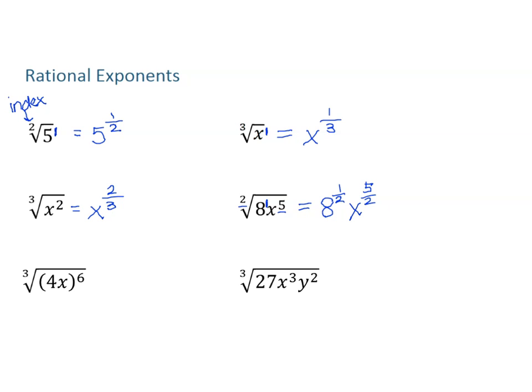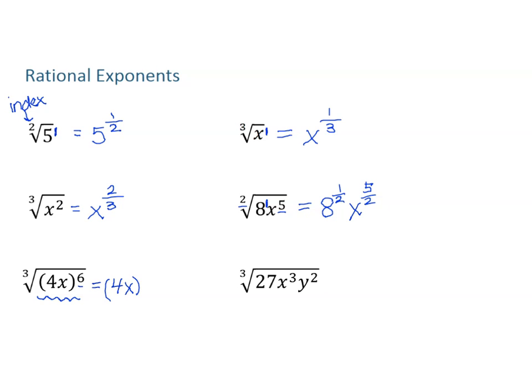Now, in this next problem, this time we do have the entire thing being raised to the 6th power. So that means that we keep that as our base, and I'm even going to keep it in parentheses just to make it extra clear. I need to keep it in parentheses because I want to show that not only is the x being raised, but the 4 is being raised as well to the exponent.